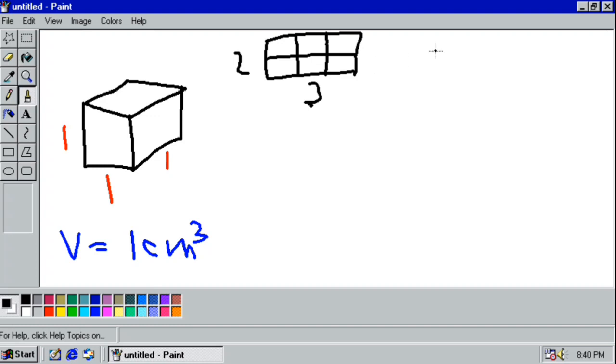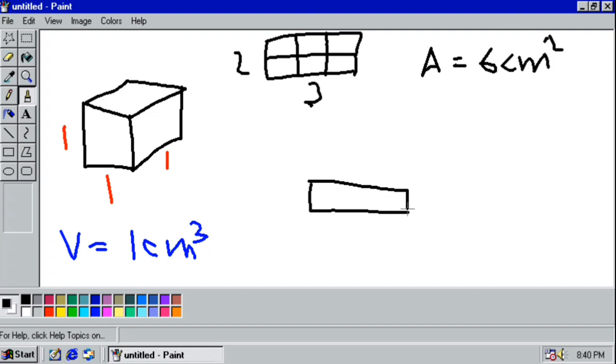So it has an area of 6 square centimeters. If we put 1 sugar cube in each square, so let's make a 3D figure here, we basically put 1 cube, let's say a sugar cube, on each square here.